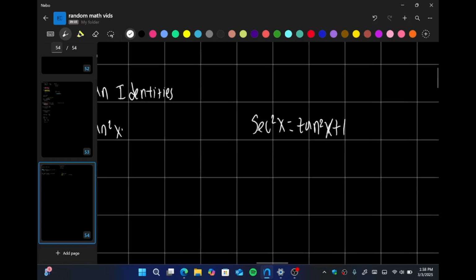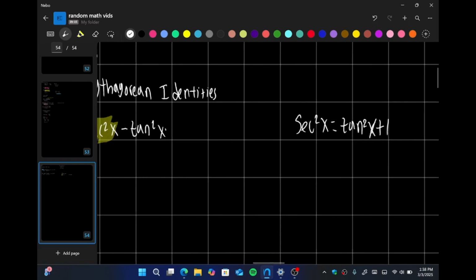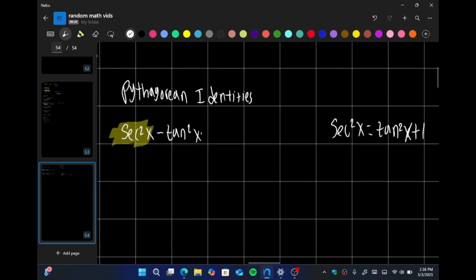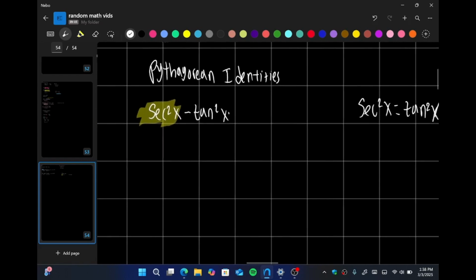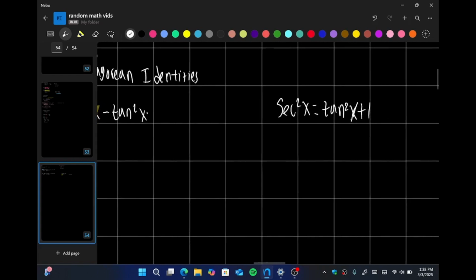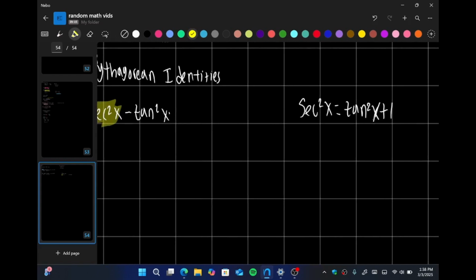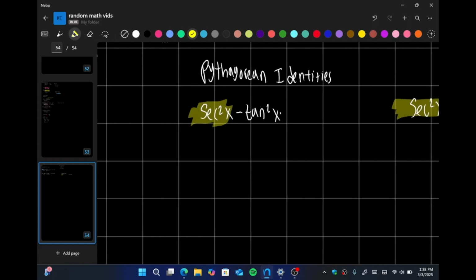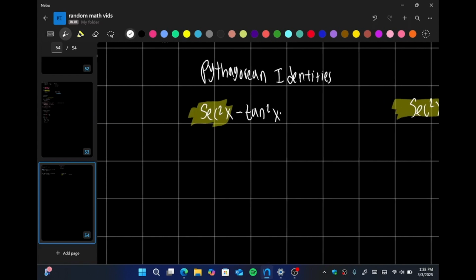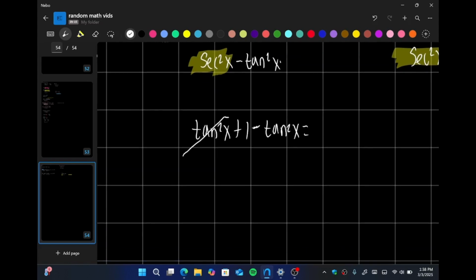Right, so this is one of the Pythagorean identities. Sorry, I almost forgot that. So what we're going to do is replace this with this right here, and you get tan squared x plus 1 minus tan squared x. And this is going to equal 1, okay?